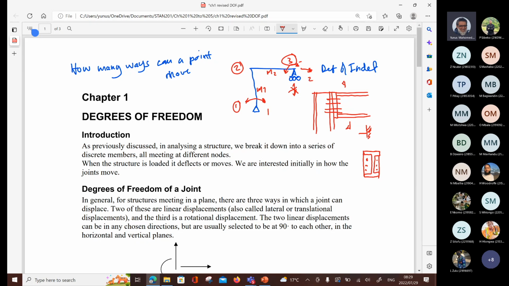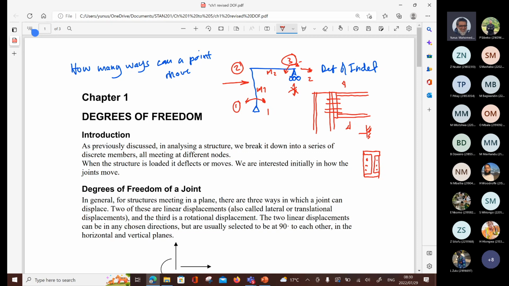Now what about this corner? If I put a load like that onto that column, what's going to happen? Member 1 will go to the right. You agree?